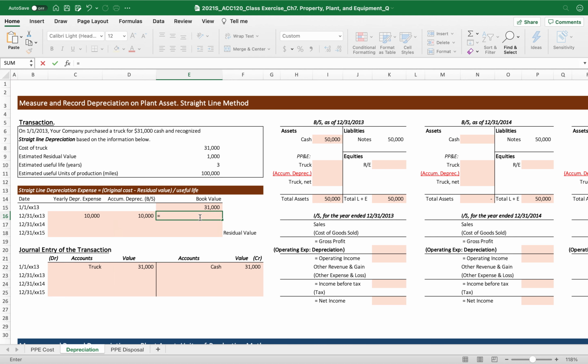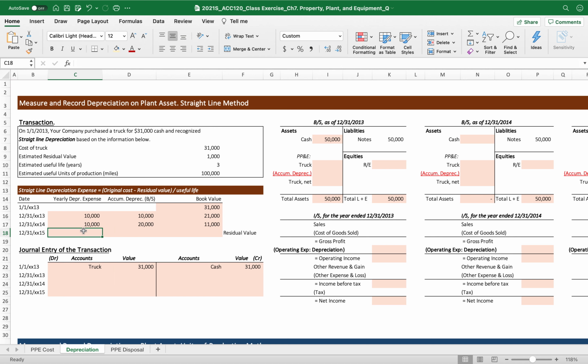So how do we get the book value for the end of year 1? 31,000 minus accumulated depreciation, right? Then the second year, the same, $10,000, and this $10,000 is accumulated in the depreciation. So the book value is now decreased by additional depreciation expense. So we start from $31,000 original cost minus accumulated depreciation.